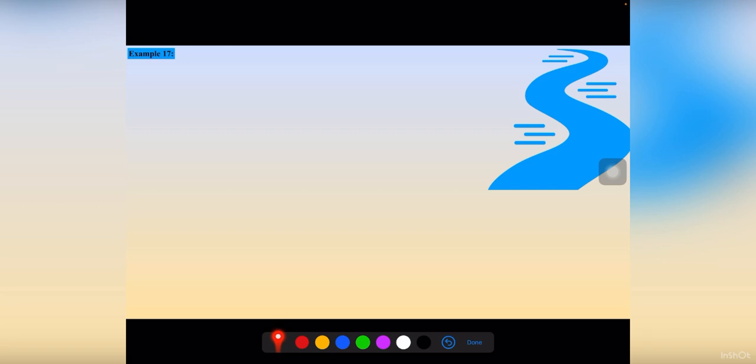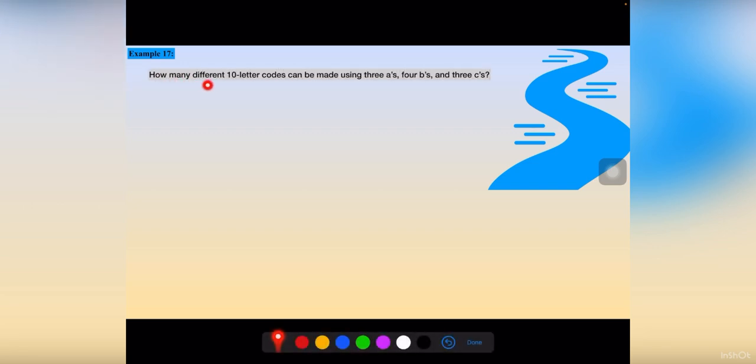Example 17. How many different 10-letter codes can be made using 3 A's, 4 B's, and 3 C's? Solution. Altogether, we have n equals 10. Now R1 is 3 for the 3 A's.